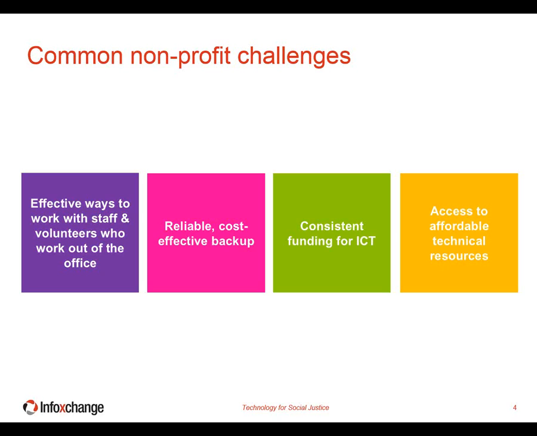Many organisations have staff that work away from their main office, whether it be with clients in their homes, out and about in the community, or simply on the move. Staying connected and sharing information with these people can be a real challenge if your IT infrastructure is situated in your central office.